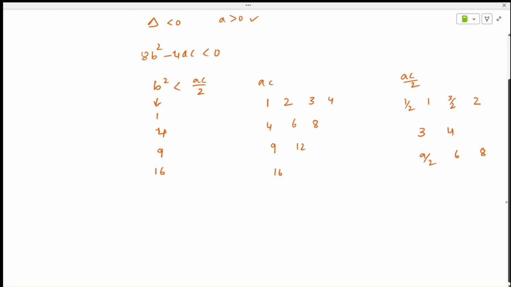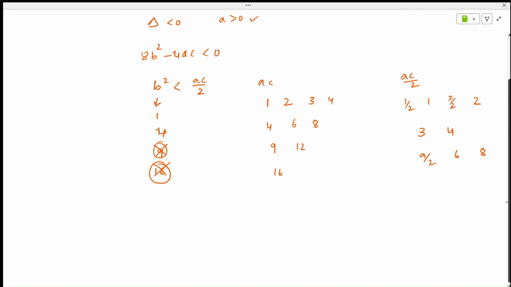Since b square is less than ac by 2, if we take b square as 16, then what will happen? 16 cannot be less than any of these values, so it is not possible. If we take b square as 9, it is also not less than any of these values, so it is also not possible. If we take 4, then 4 can be less than 9 by 2, 6, and 8.